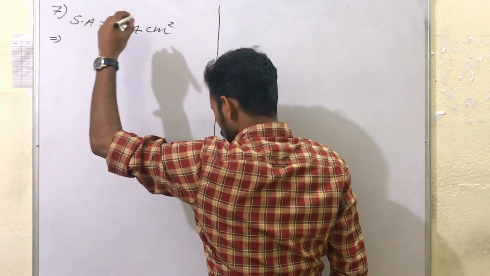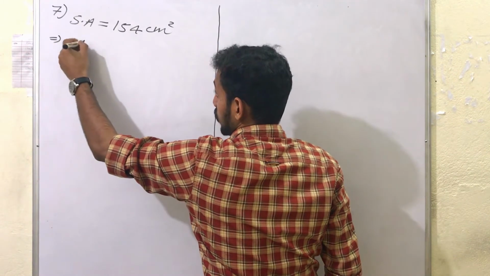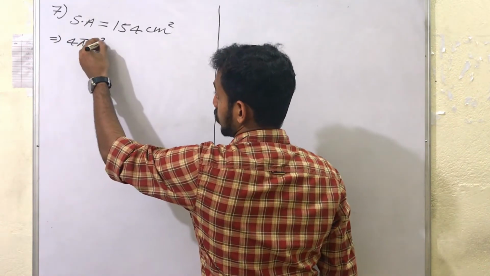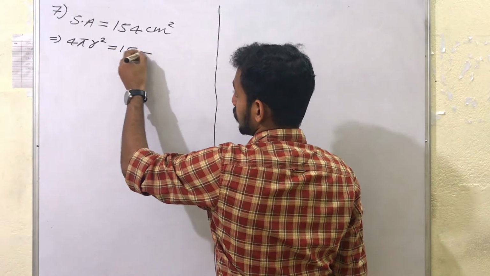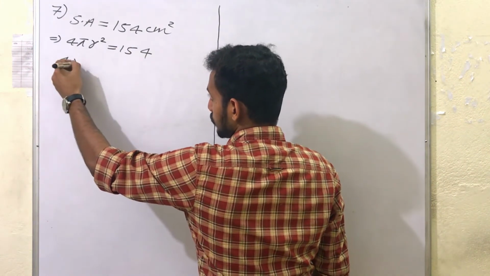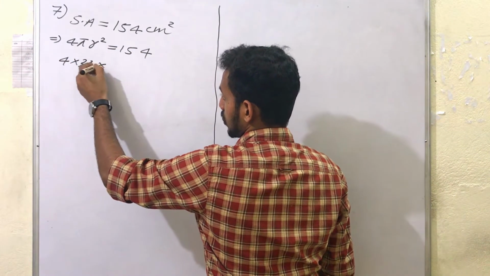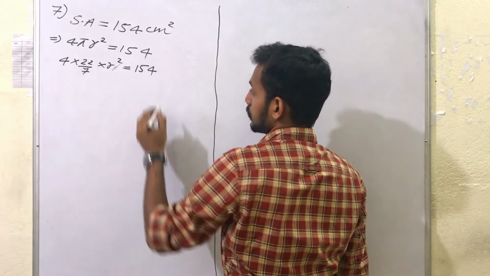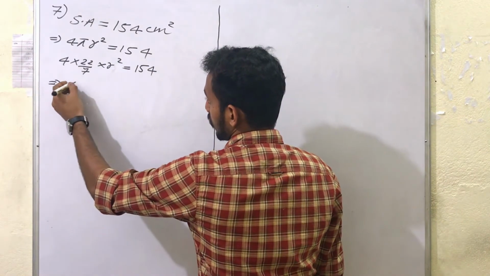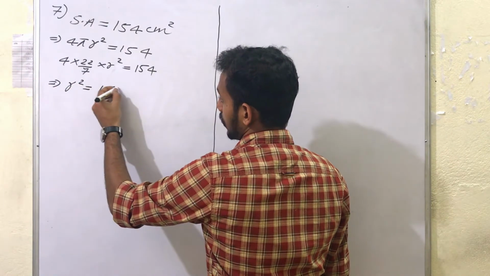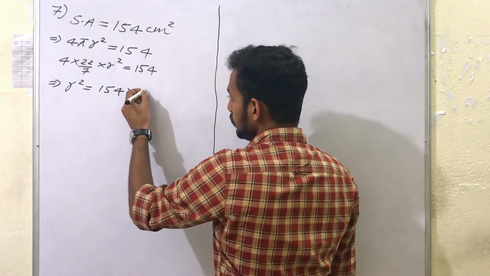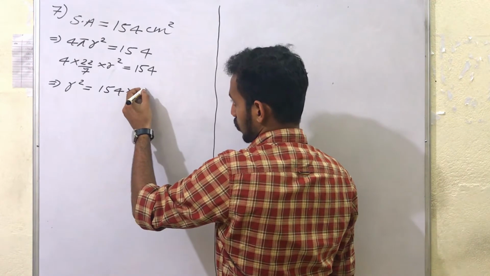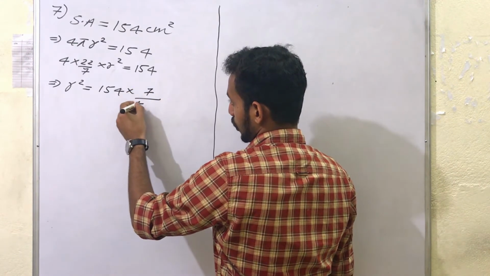What is the surface area formula? 4 pi r square. 4 pi r square is equal to 154. 4 into 22 by 7 into r square is equal to 154. Implies r square is equal to 154 into 7 by 4 into 22.